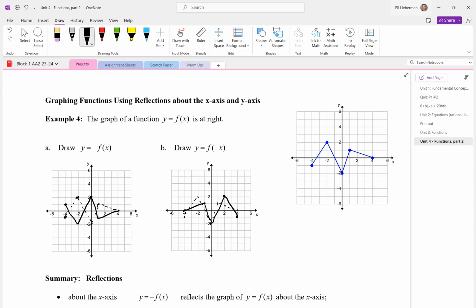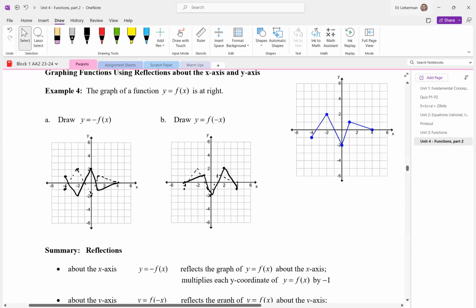What happened to the original function? Yep, it's reflected over the y-axis, so with respect to the y-axis, or about the y-axis.